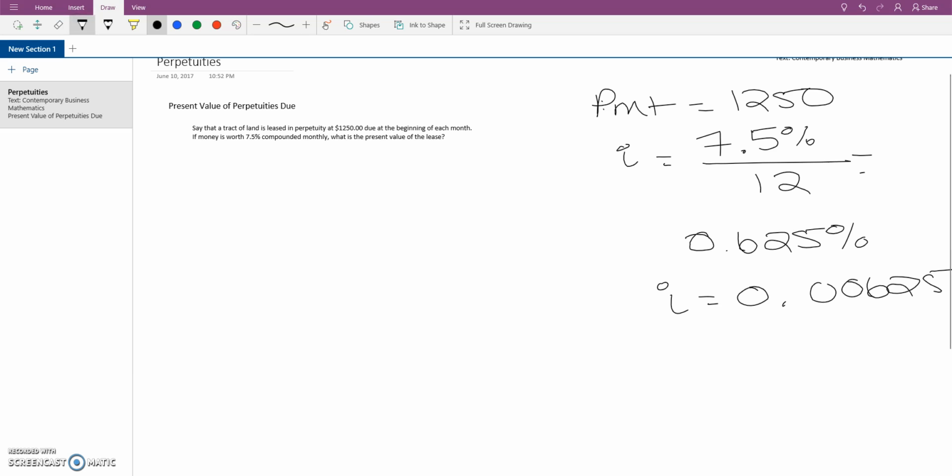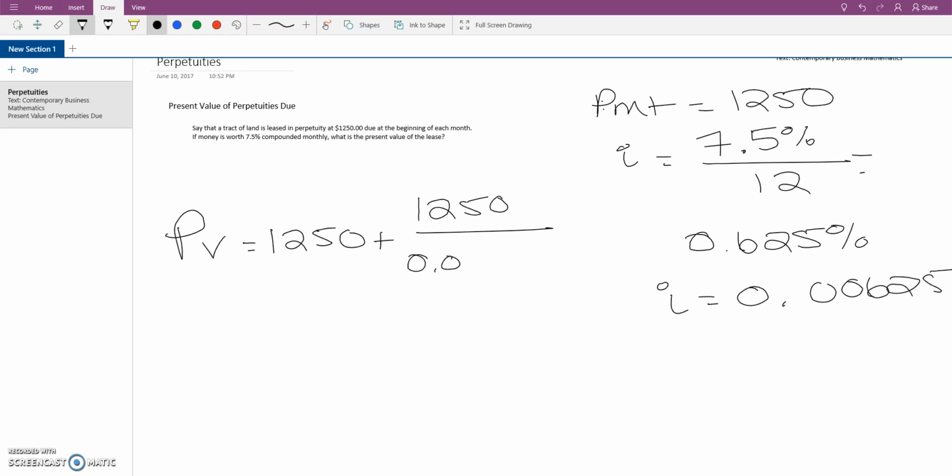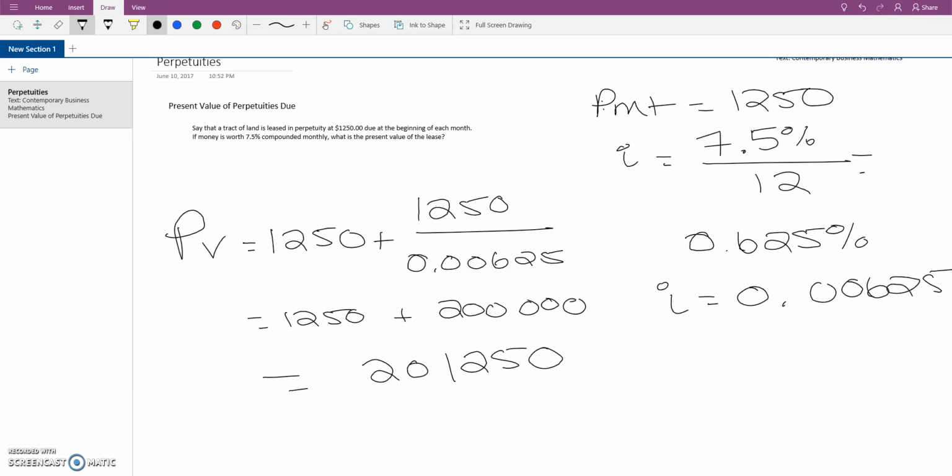So when we do our formula, it's very straightforward: present value is equal to 1250 plus 1250 over the interest of 0.00625, which in turn equals 1250 plus 200,000, to equal $201,250.